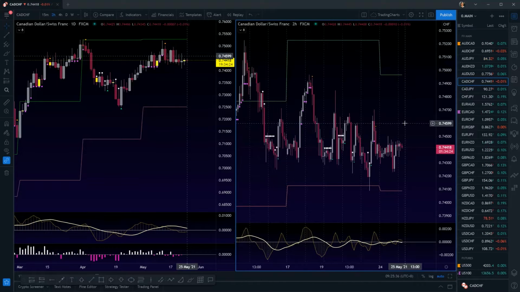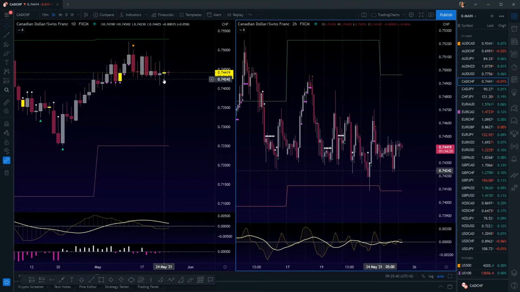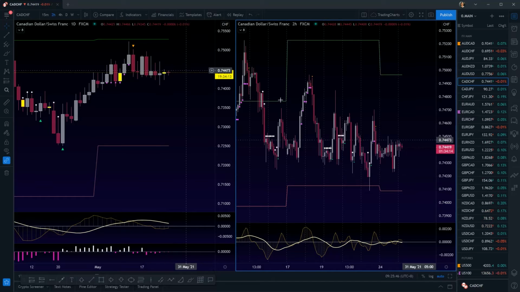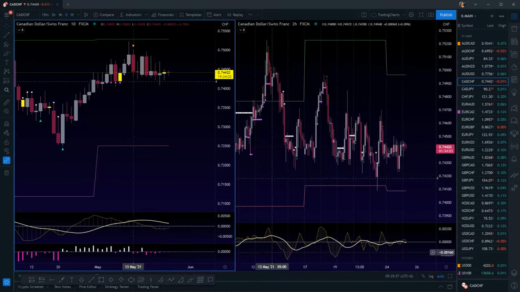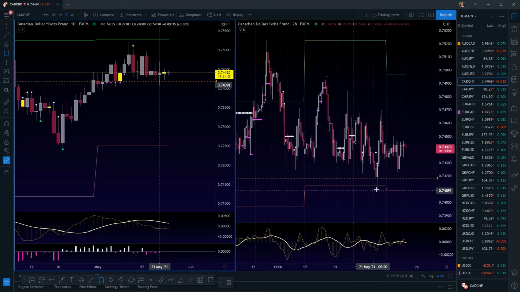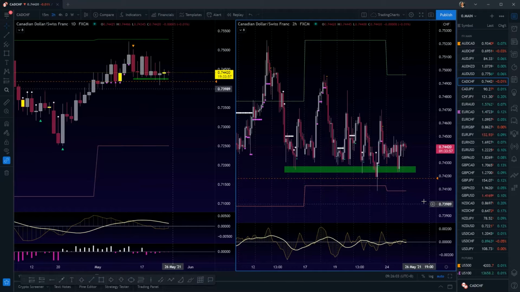Cat Swiss. Cat Swiss. On the daily, narrow range, inside bar. We're not gonna do anything until it breaks out of this whole range here. Like the other day, we were looking to see if this area is gonna be tested.